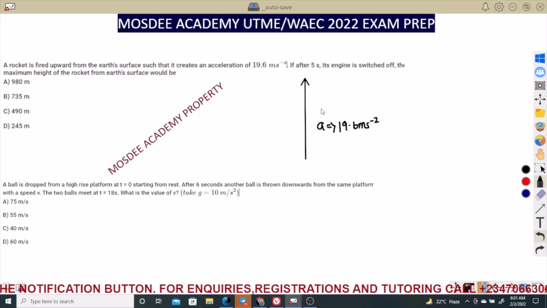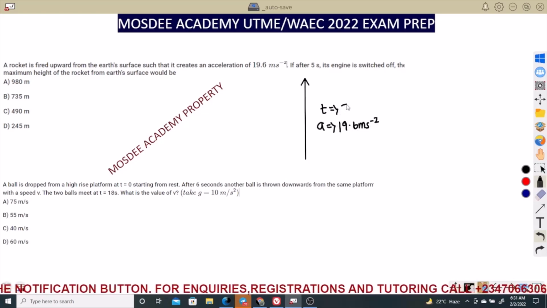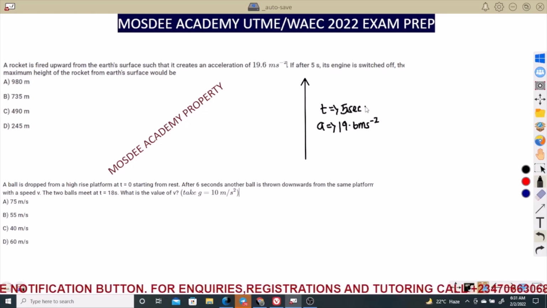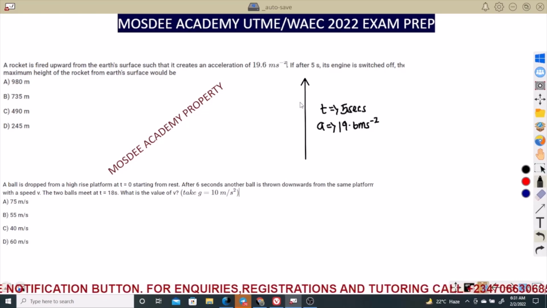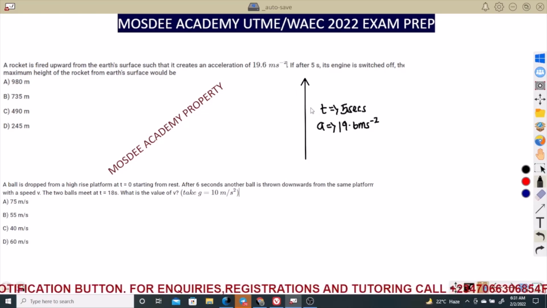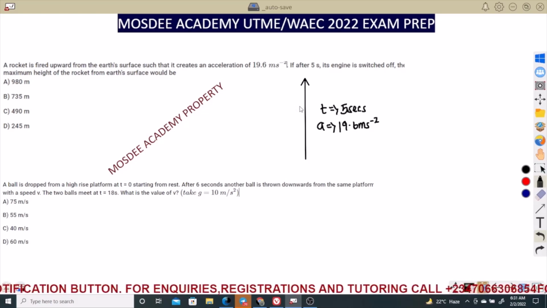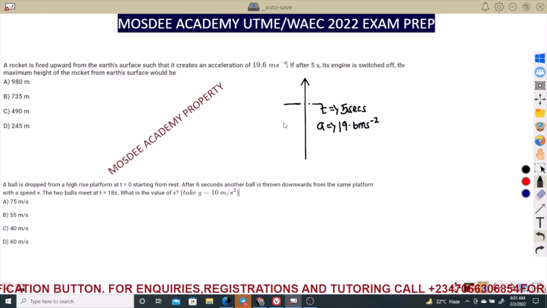If after time t equals 5 seconds, the engine is switched off, that means it's going to come back. What you need to understand is the maximum height of the rocket from the Earth, that is, the height the rocket is going to reach after the engine has been switched off.